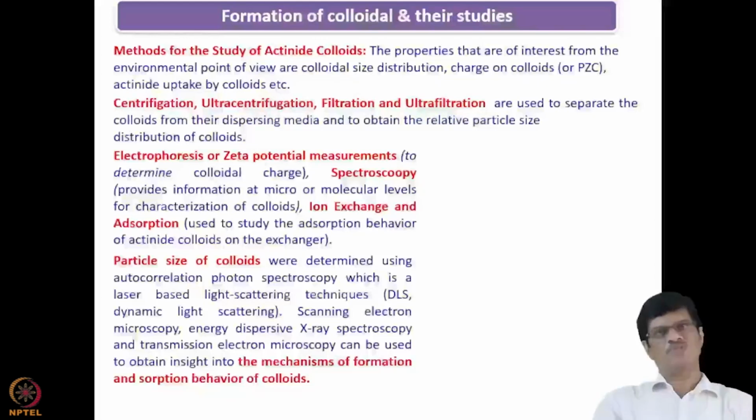Now, the formation of the colloids and their studies, the methods for the study of actinide colloids, the properties that are of interest from the environmental point of view: the colloid size distribution can be determined by studies like DLS. The charge on the colloid can be found out by the pH, and the actinide uptake by the colloids can be done by the normal uptake studies.